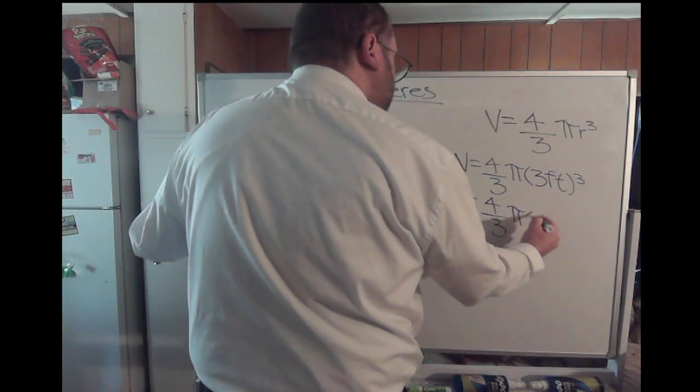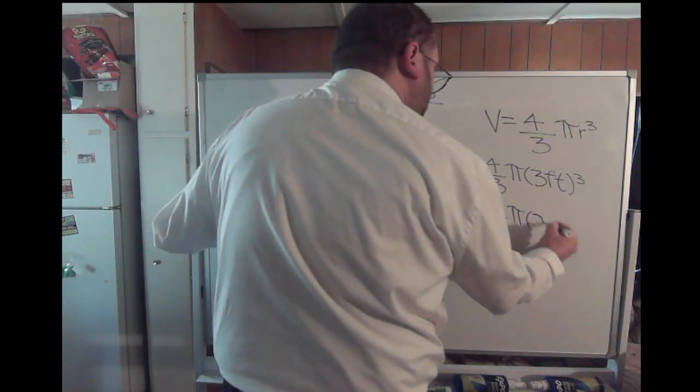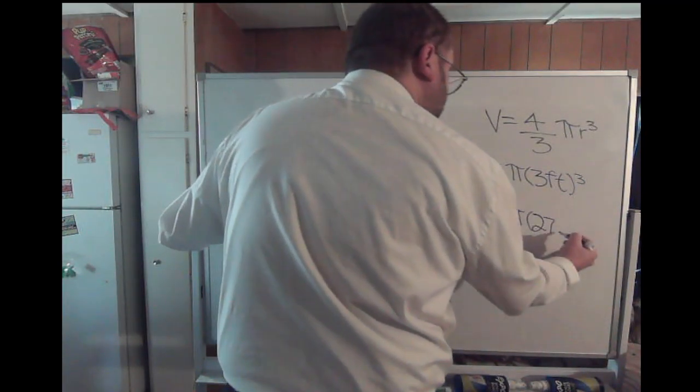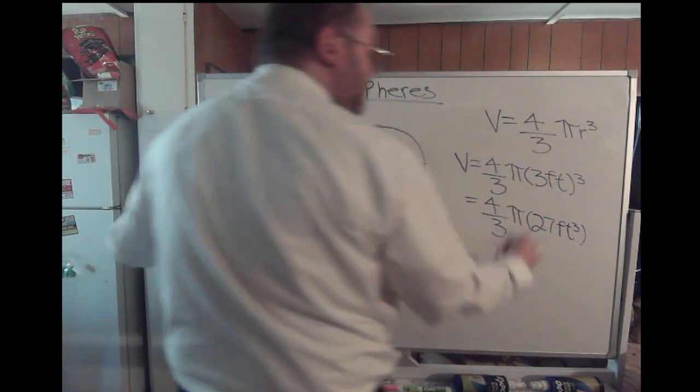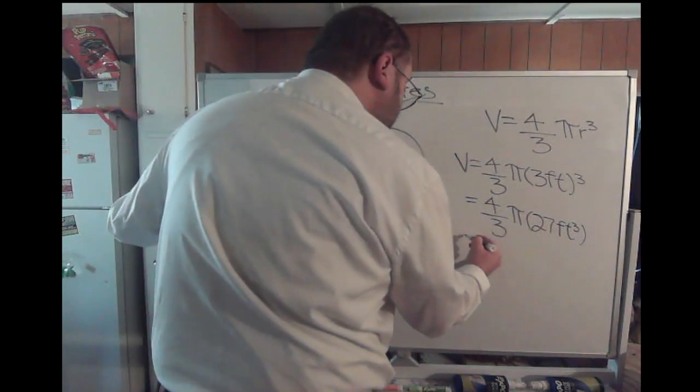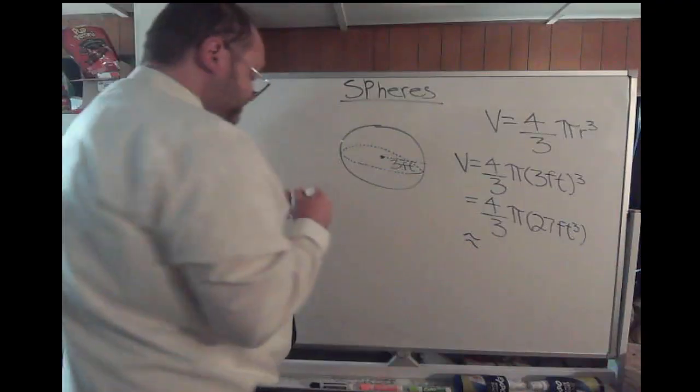Then we do the exponents, 3 to the third, that's 27, times feet to the third power, that's going to be cubic feet. Now all you got to do is multiply it, you'll get your volume of the sphere.